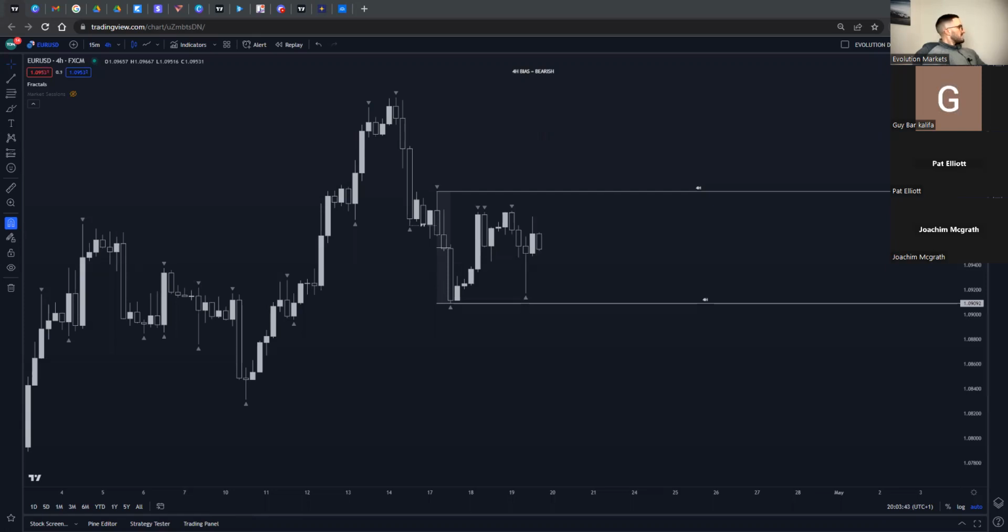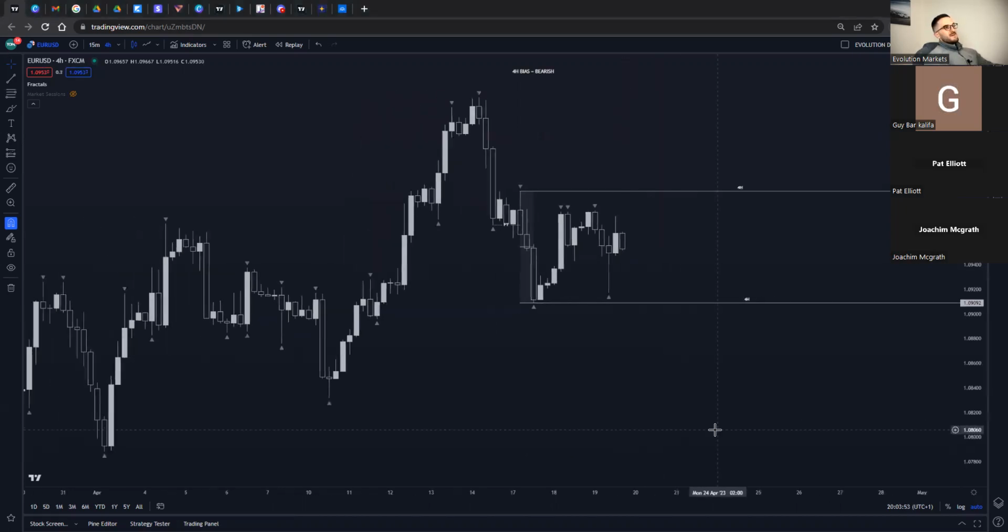Good stuff. Okay, so yeah, EU shorts, as you all probably know, we build that higher time frame or that 4-hour bias.